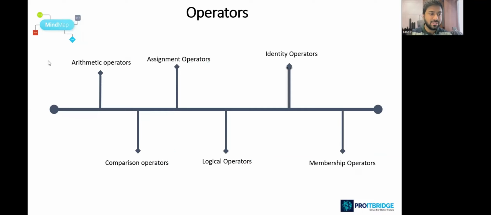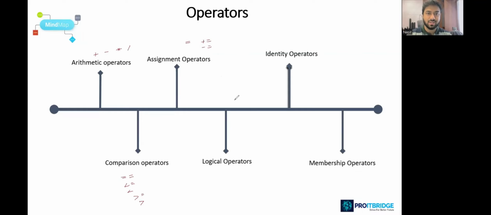We have arithmetic operators, where we have addition, subtraction, multiplication, division, those kinds of operations. Then we have comparison operators, where we can compare less than or equal to, less than, greater than or equal to, greater than. Then we have assignment operators: equals to for assigning, plus equals to, minus equals to.